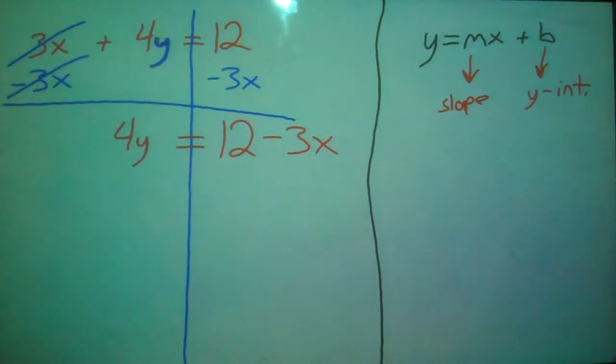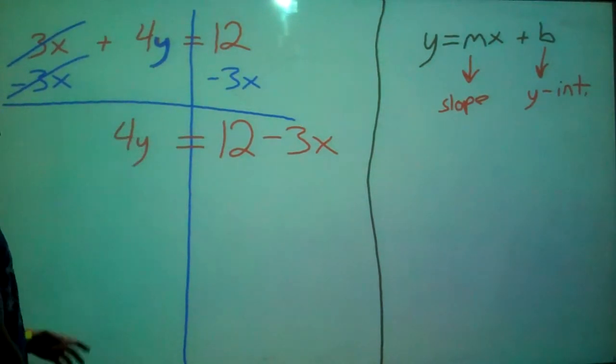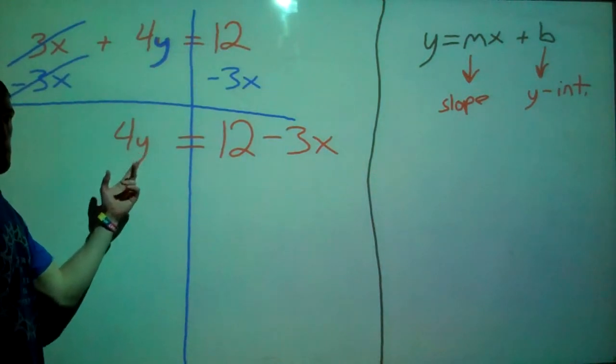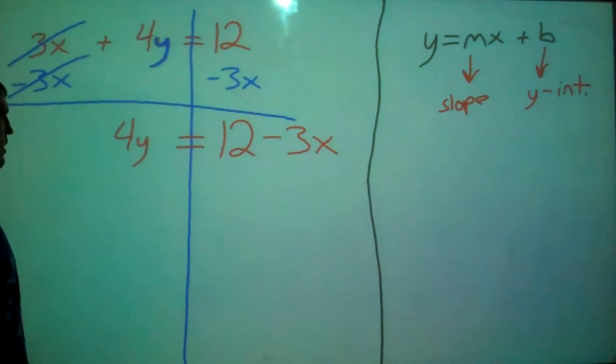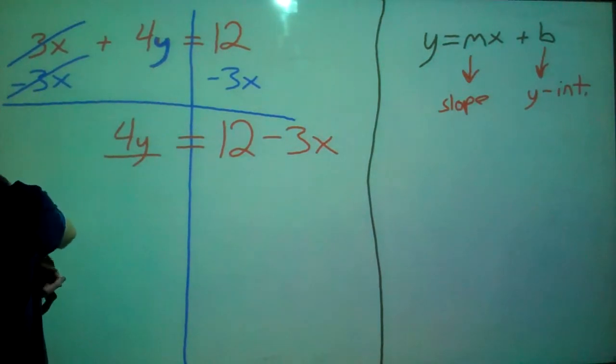Do we know what 12 minus 3x is? No, and that's because we don't know what x is, and that's fine. So we just leave it like that. Now our next thing to do to get y by itself is, we have 4 times y, we do the inverse of multiplying, and we will divide by 4.